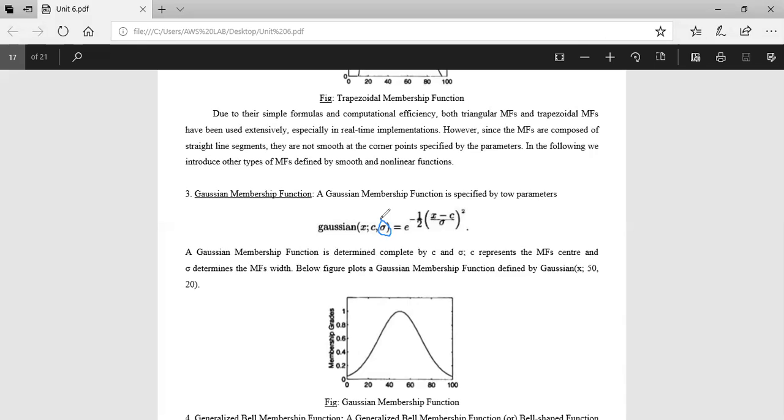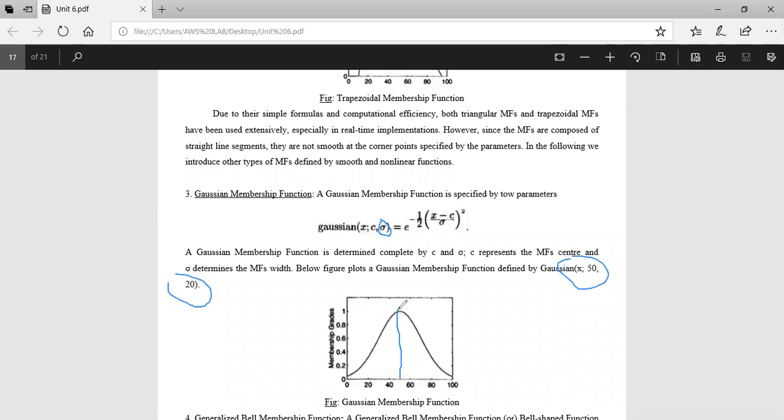See, if you look into the example, here Gaussian of x comma 50 comma 20. See, what is 50? It will be the c value. C value is used to determine the membership function center. So if you look over here, between 40 and 60 there is 50.